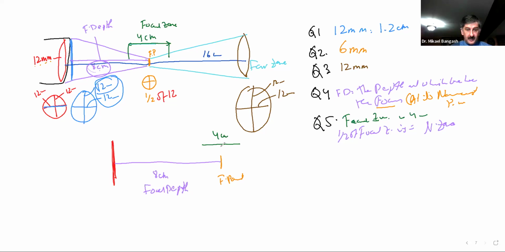Half of these 4 centimeters, which is 2 centimeters, is in the near zone. The other 2 centimeters is going to be in the far zone.